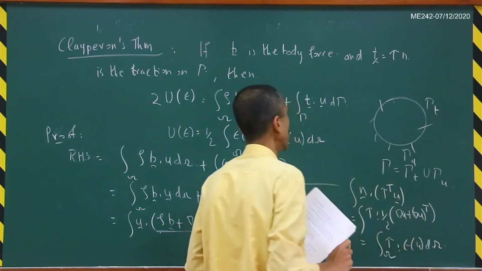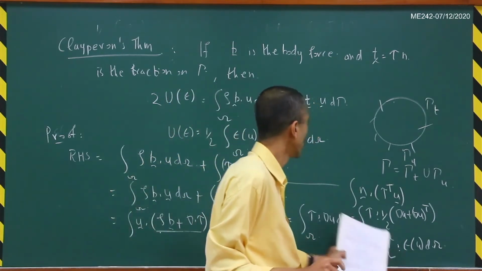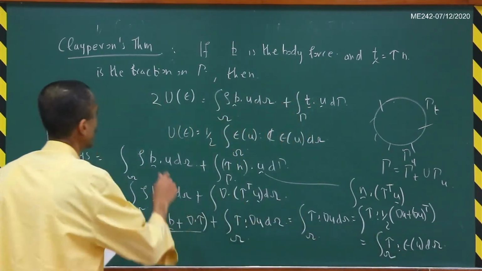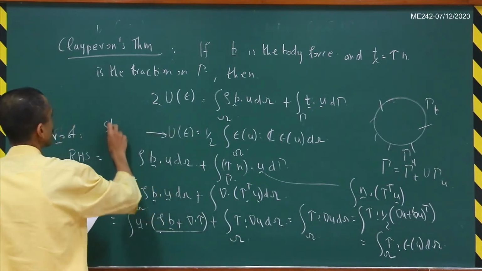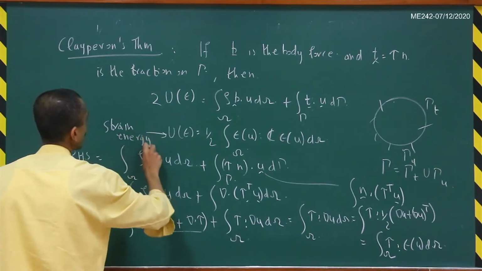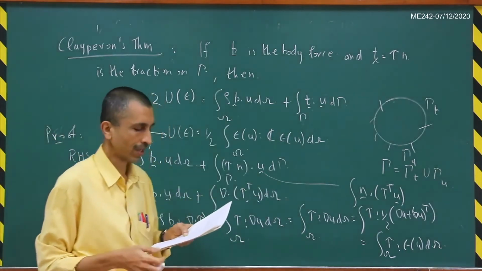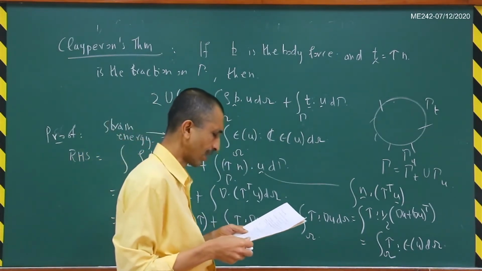That shows that this is equal to twice the strain energy. So this here is the strain energy, and twice the strain energy is equal to the work done by the loads. Okay, so that is the theorem.